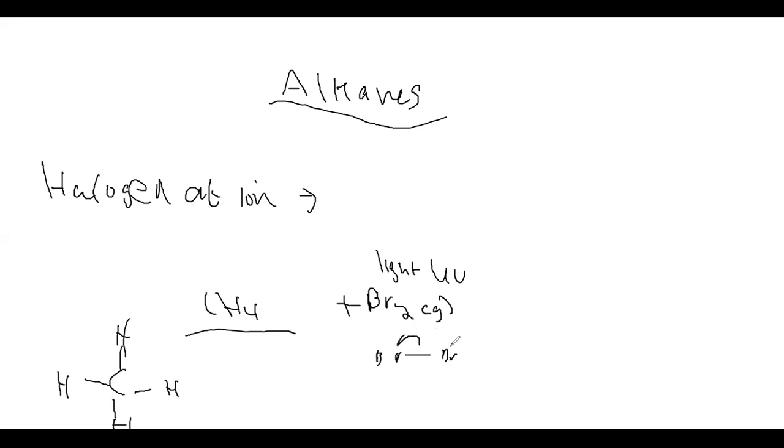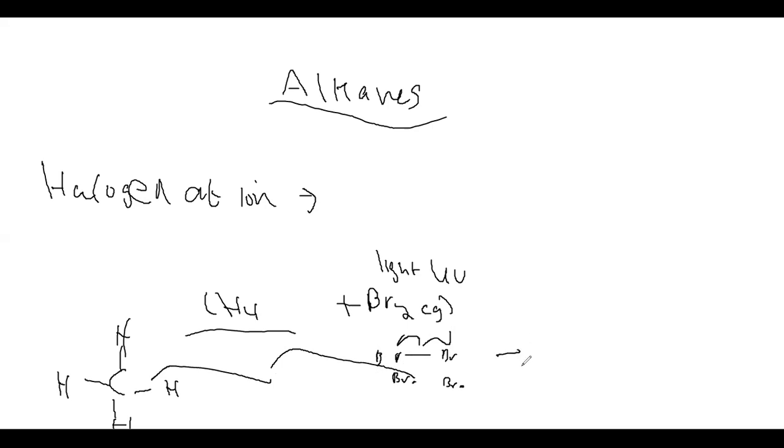So 1 electron is going to go there, and 1 electron is going to go here, half each. So you're going to have a Br radical, and so what happens is this goes here and this comes here.